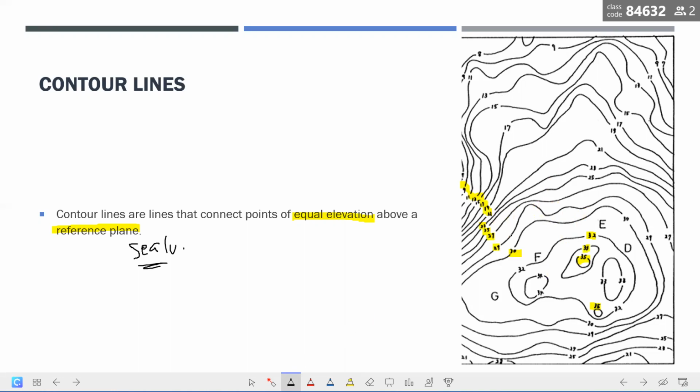You can also visualize where water runoff areas may be. For example, here, because the contour lines are stacked so close to each other, perhaps this is where the water would flow down.